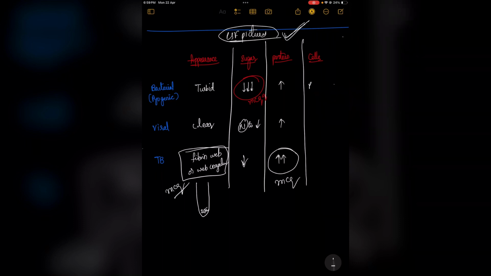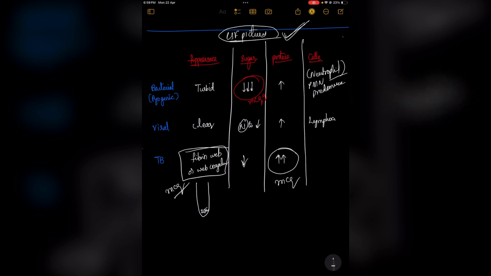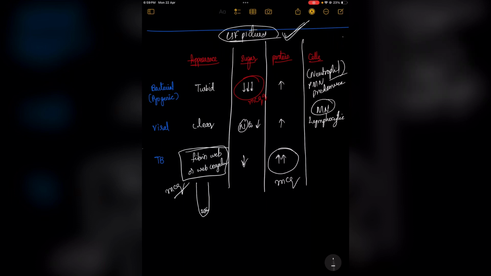Cells. Polymorphonuclear predominance is seen in pyogenic meningitis. That means neutrophil predominance. In viral, lymphocytic predominance, also called mononuclear cell predominance.